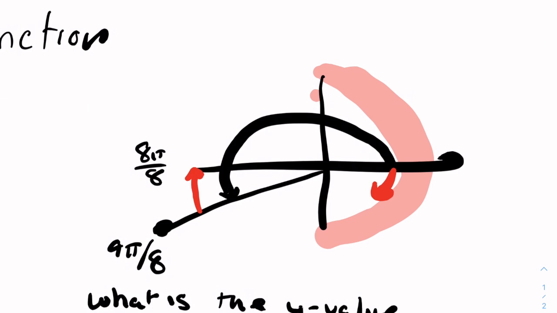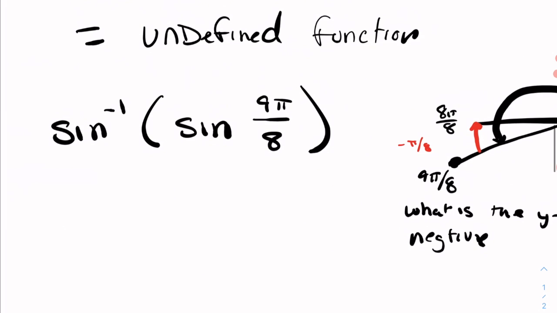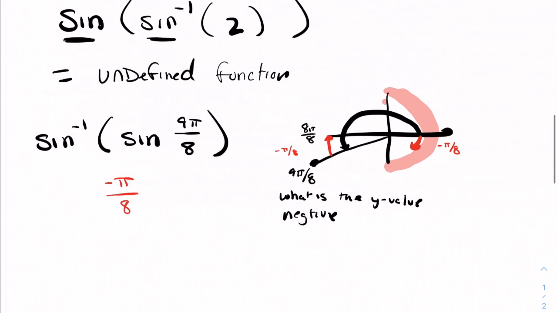And so 9 pi over 8 to get back to 8 pi over 8 is negative pi over 8. So our equivalent here would be negative pi over 8. And this is how you find the angle that has the same y value inside our output values.